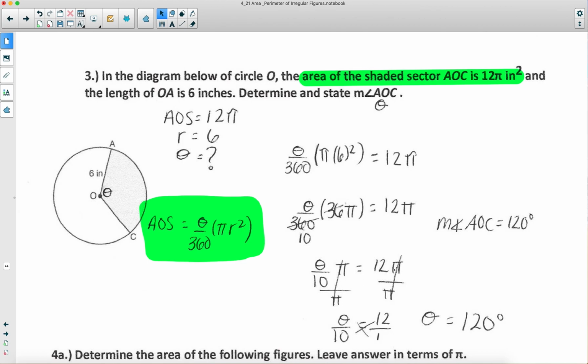So I cancel out my pi's, and I'm left with theta over 10 equals 12, but I'm going to put 12 over 1 so that now I can cross multiply. And when I cross multiply, 10 times 12 is 120, theta times 1 is just theta. So theta represents angle AOC, which is an angle. We say angles are measured in terms of degrees. So angle AOC here is 120 degrees.